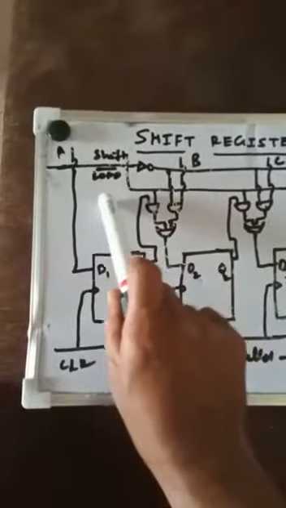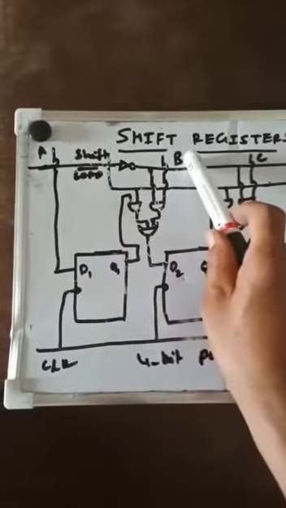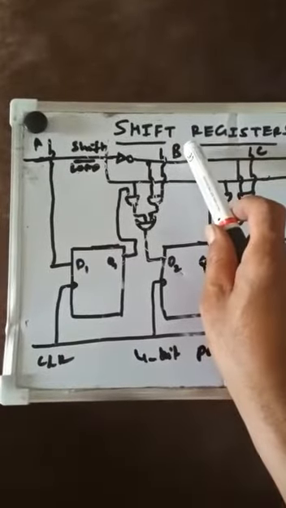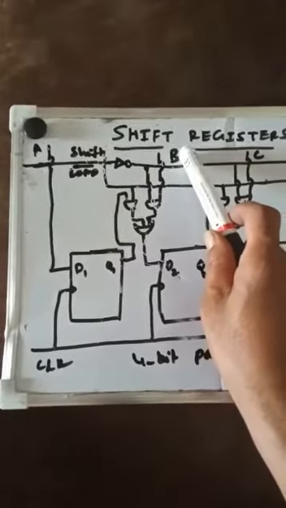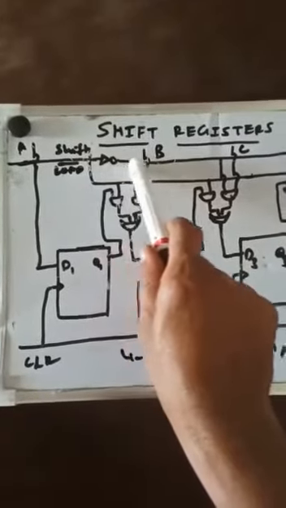But how does the parallel input work? If the load is 0, loading means once B has some input, that input is supposed to be loaded into this. So if the load is 0, this top line is activated.